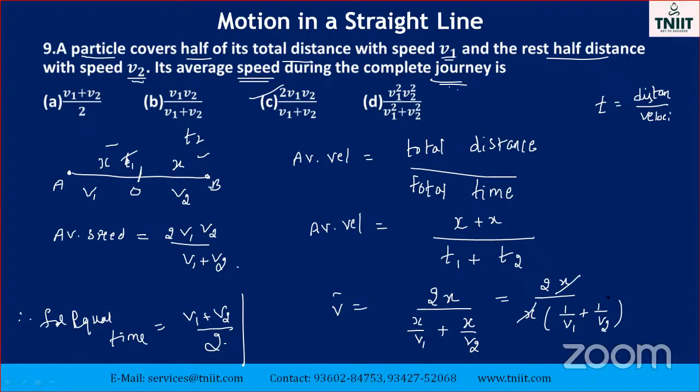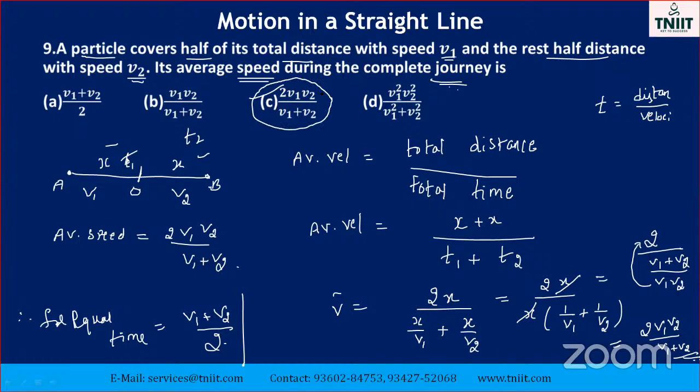If you take the LCM and simplify, write 2 as it is. In 1 by V1 plus 1 by V2, the LCM will be V1V2, so this becomes V1 plus V2, and V1V2 goes up. So it becomes 2V1V2 by V1 plus V2. So what is the average velocity? 2 times V1V2 by V1 plus V2.